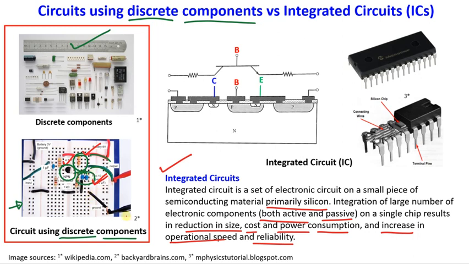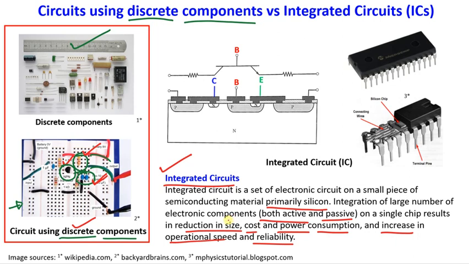And when you make a circuit using discrete components, those parasitic components play a major role. However, when you make everything in the form of an integrated circuit, the effect of those stray parameters can be significantly reduced, right?